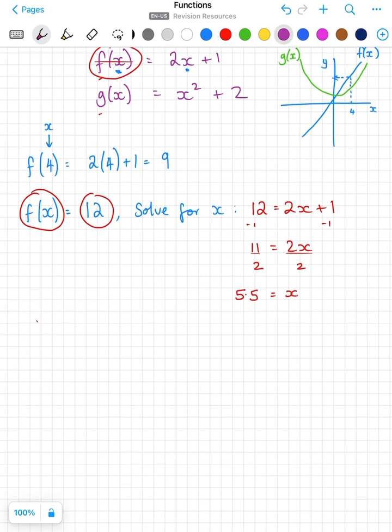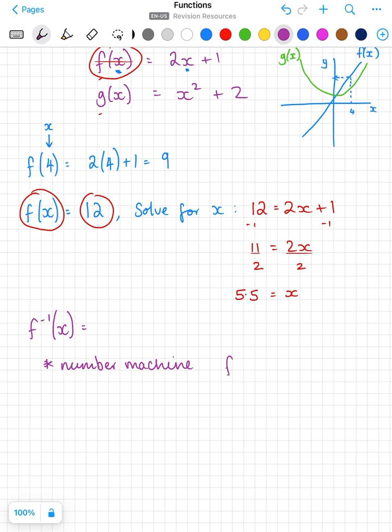Next, we're going to look at an inverse function, f to the minus 1 of x. I'm going to show you two different ways. Now, the first method is using a number machine. This is a great method if we've got quite a basic function.